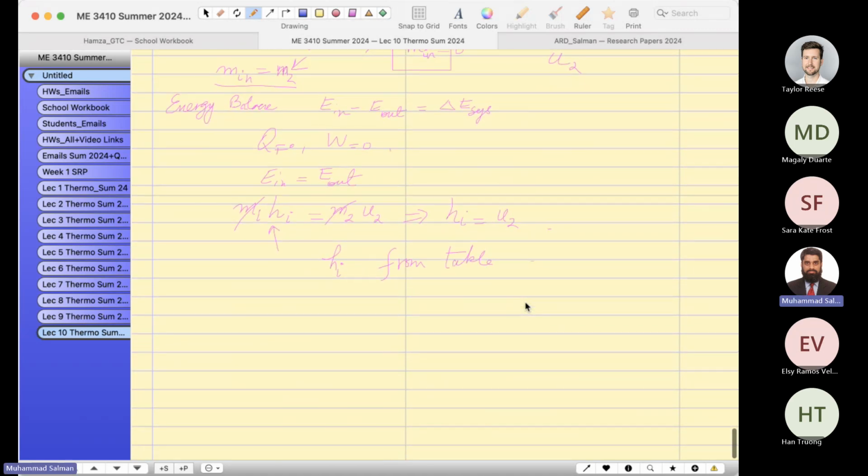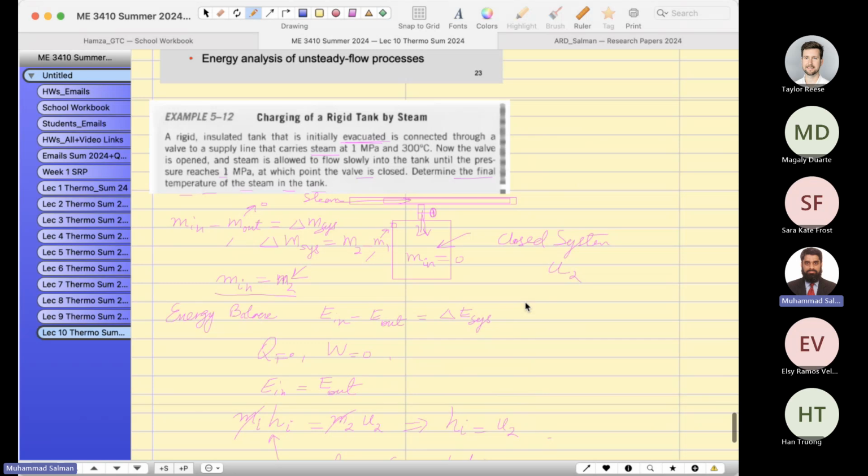If you go to the initial values, the tank is connected through a valve to a supply line that carries steam. The initial pressure of steam is 1 megapascal and temperature is 300 Celsius. Your job is to find out the enthalpy at these two state values.